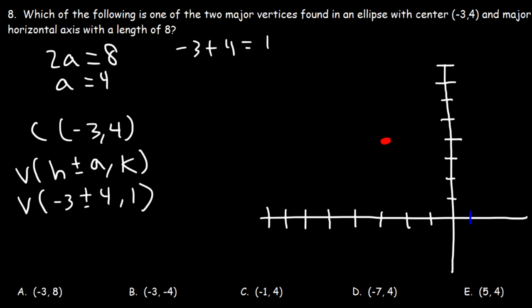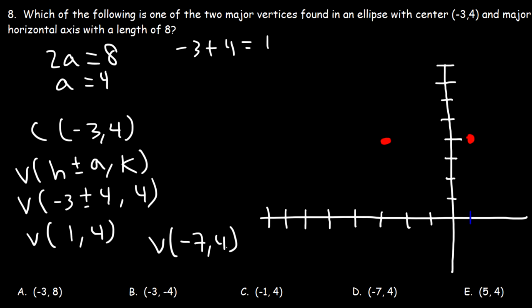Well, k is not 1, but k is 4. So we should get the point (1, 4), which is over here. And then -3 minus 4 is -7. So we should get this point, (-7, 4).